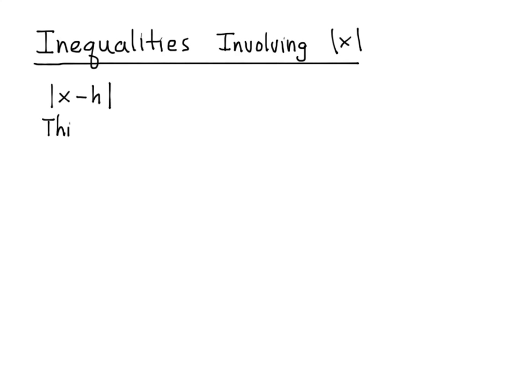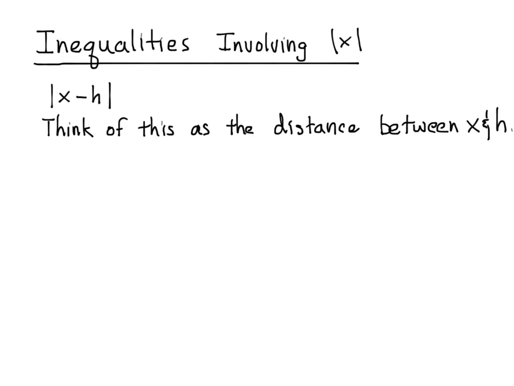Okay, so here's a little bit of a review, and perhaps it's a different way to think of it for many of you. If we look at the absolute value of x, think of this as x minus h and take the absolute value of that. You might want to think about this as the distance from x to h. If I were to take a number line and figure out the distance between 5 and 3, I would take 5 minus 3 and get the distance there.